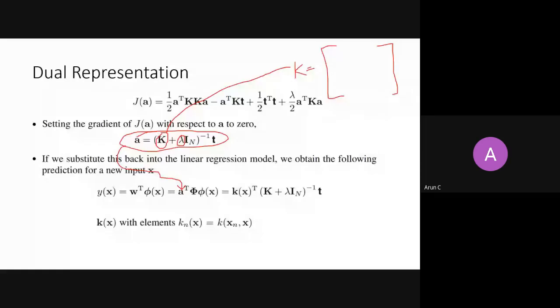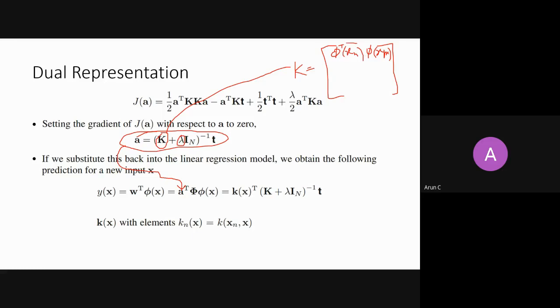If it is linear regression, it is phi transpose of xn, phi of xm. So every entry can be written as phi(xn) transpose phi(xm).